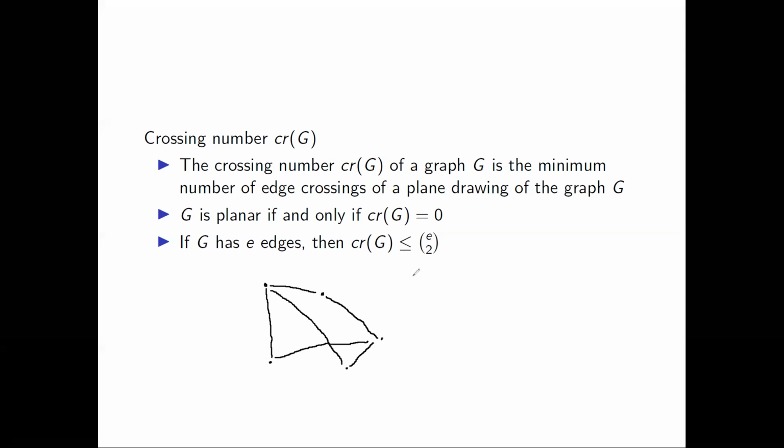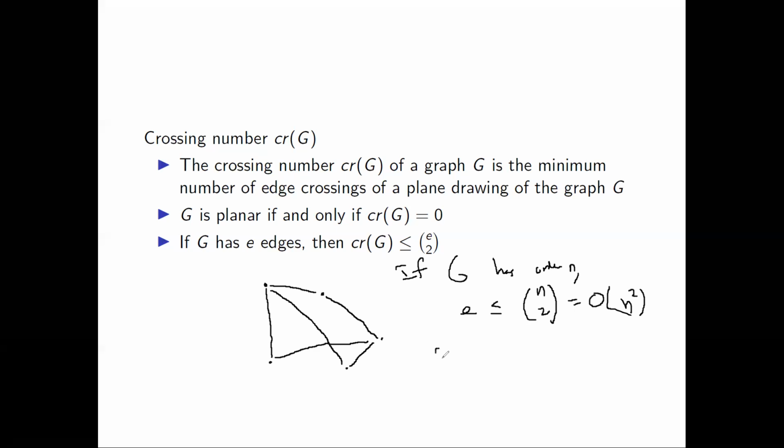Also note that if G has order n, then we can say E is less than or equal to n choose 2, which equals big O of n squared.